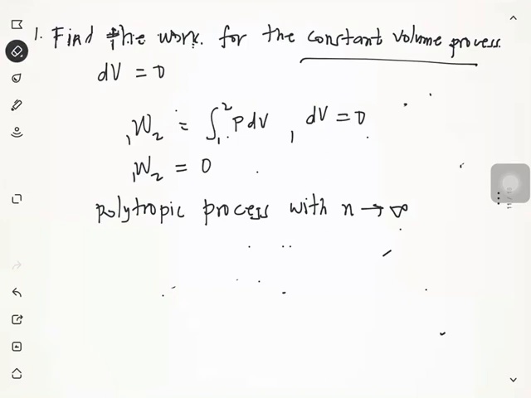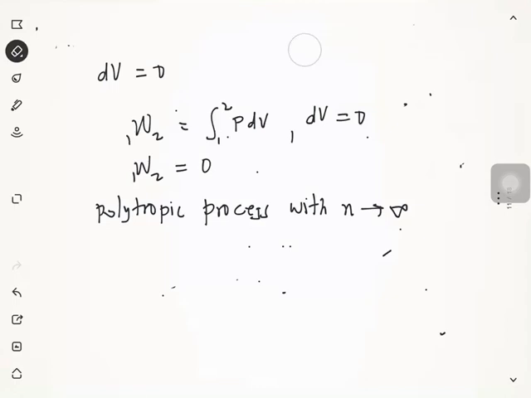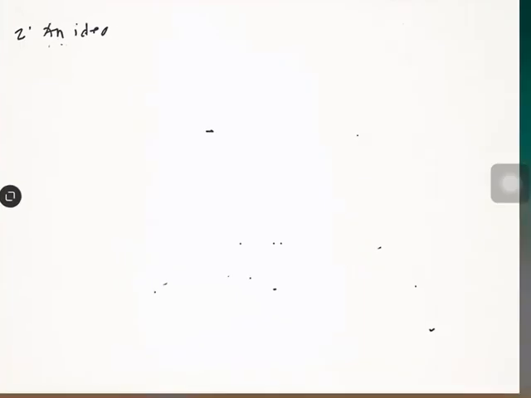Okay, example number 2. You have an ideal gas that undergoes a process.